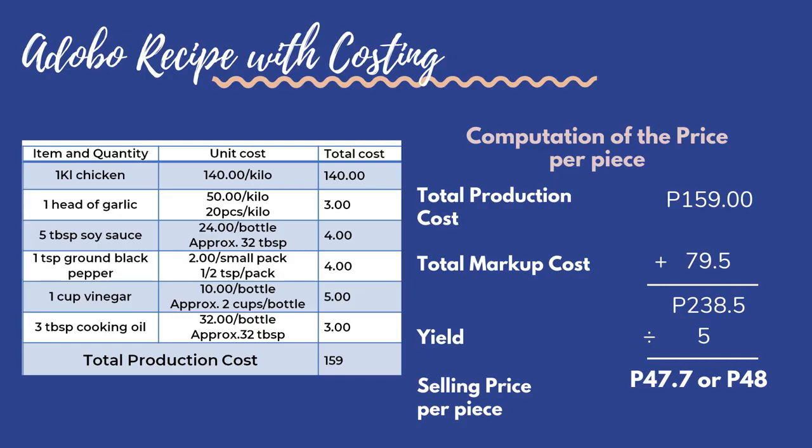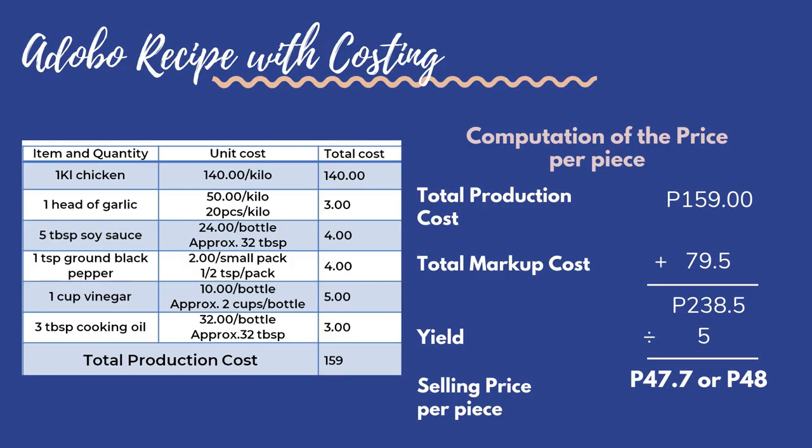One head of garlic, which is 50 pesos per kilo, approximately has 20 pieces per kilo, and now it will be 3 pesos. Five tablespoons of soy sauce, that is 24 pesos per bottle, approximately it has 32 tablespoons, and that will be 4 pesos.